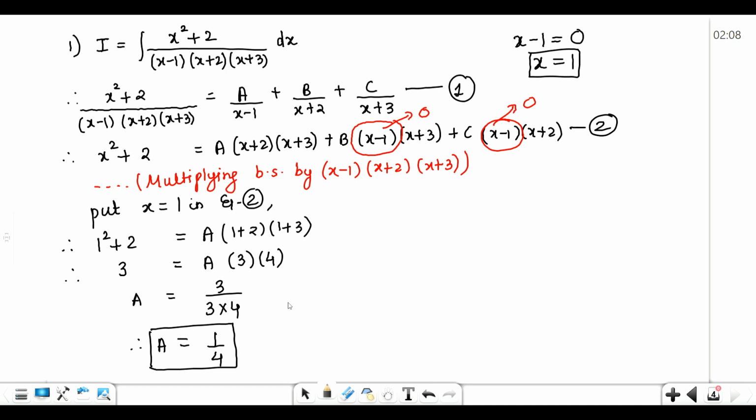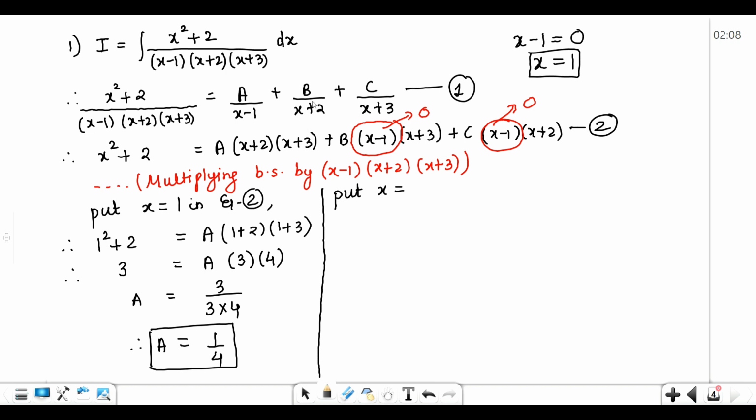Hope you understood this part. Now let's move on to the next substitution, because we are still remaining with b and c. Now we'll put x is equal to... below the b part we have x plus 2.